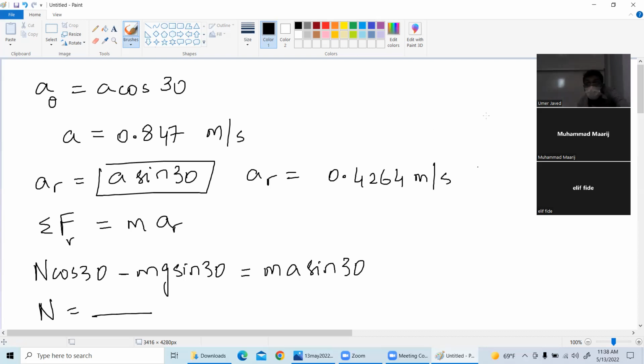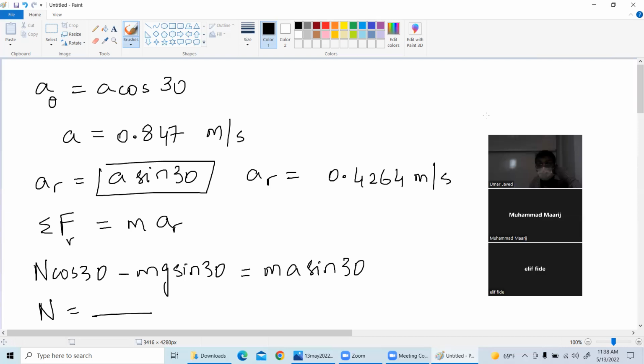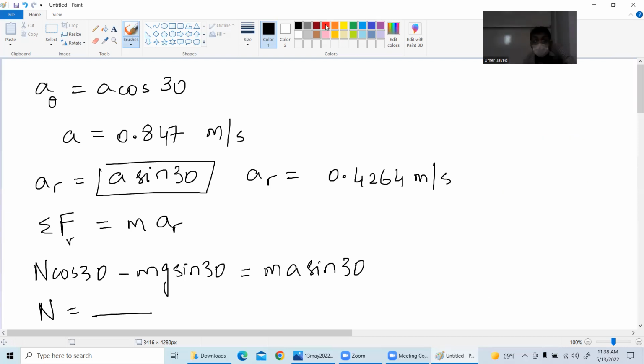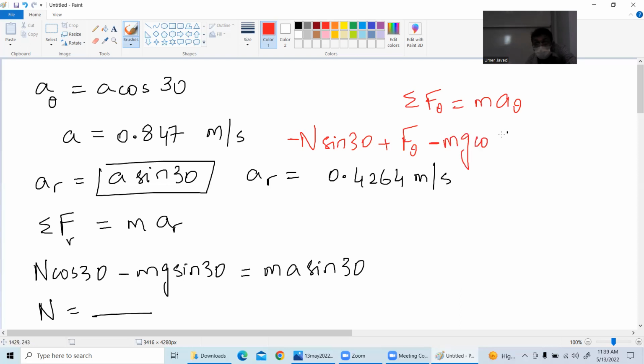And then I will say summation of forces in the theta direction equal to MA theta. So I will have minus N sine 30 plus F theta minus mg cos theta is equal to MA cos 30.